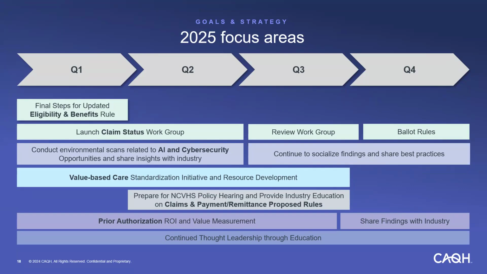Again, a really important work effort here to remove those manual processes the providers have to go through to identify the status of a particular claim. So this is a huge level of effort. We've already taken on almost 18 months' worth of environmental scanning, including interviews with health plans and with vendors.